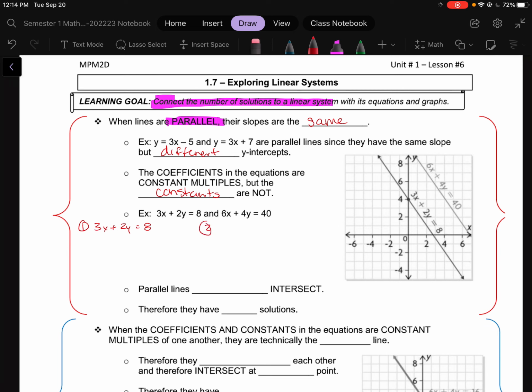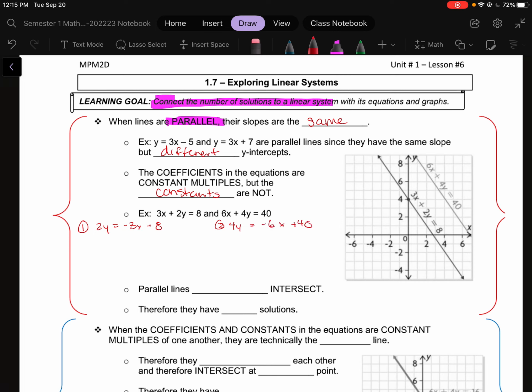We're going to separate that here, and isolate it so it's the same format as what we want. So we're going to change this up a little bit. We'll put it as 2y equals negative 3x plus 8, because we want it in the format y equals mx plus b, and then we're going to do the same on the other side.